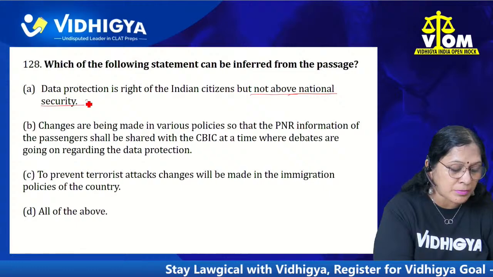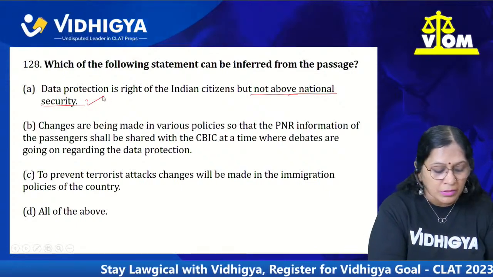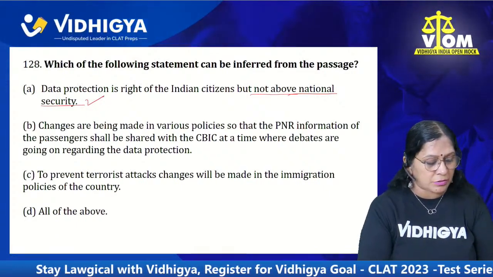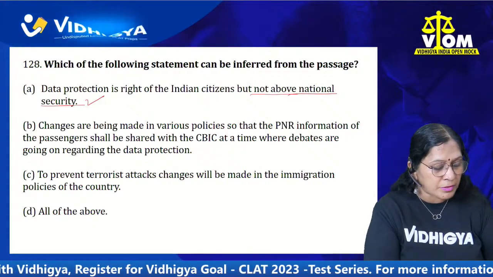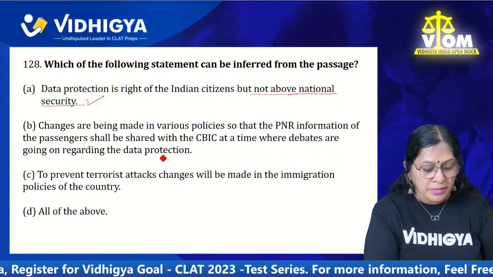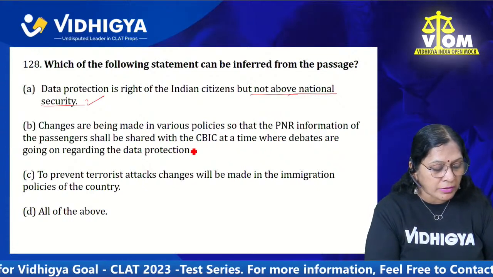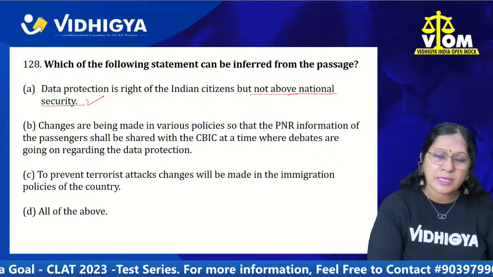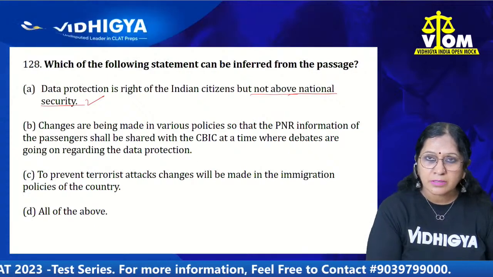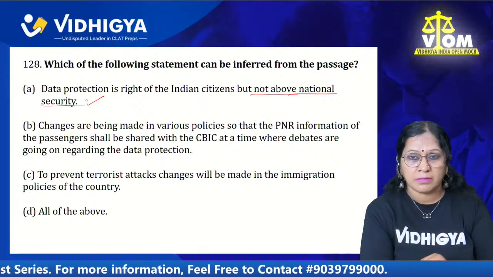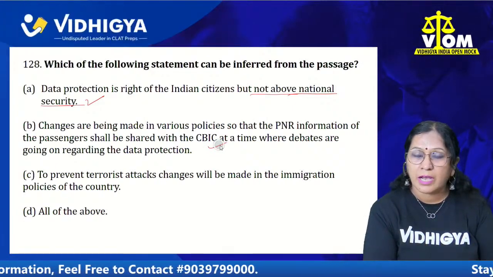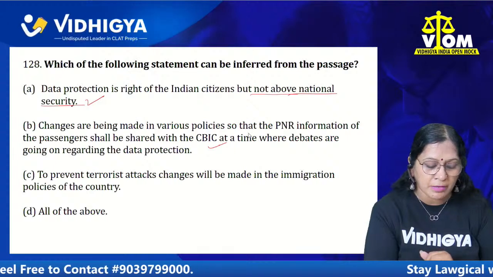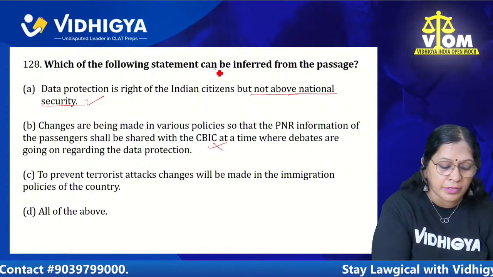So I'll keep a small tick here right now because we need to read B and C also. Changes are being made in various policies so that the PNR information of passengers shall be shared with the CBIC at a time when debates are going on regarding data protection. But yes, this is also correct. Agree. But this is directly given in the paragraph. And because it is directly given in the paragraph, this will not be the inferred part.